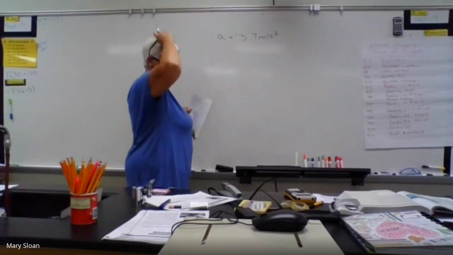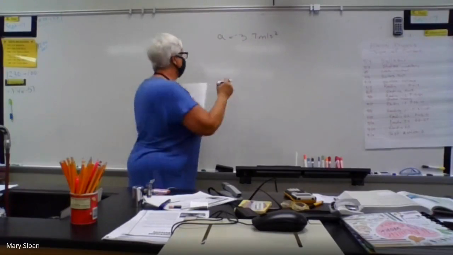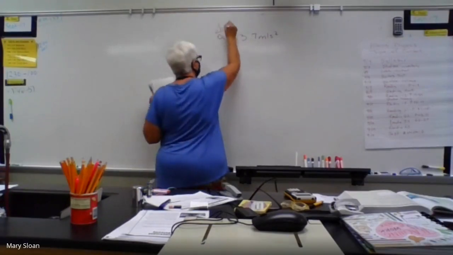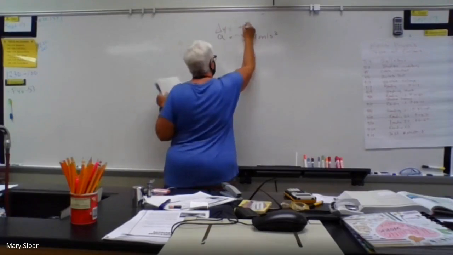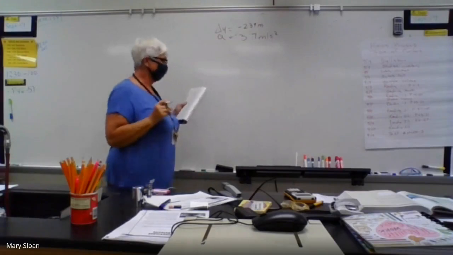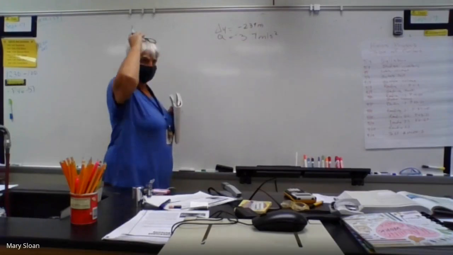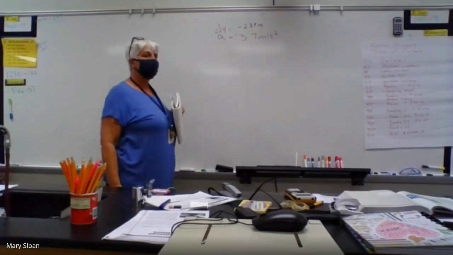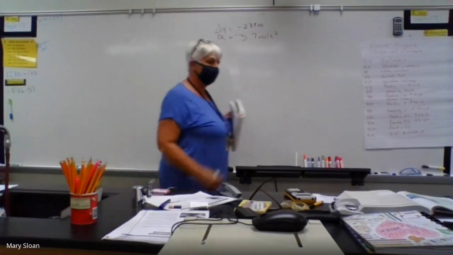That is 239 meters high. So that is my change in y, right? What else do we know? Do we have velocity initial or velocity final? We have velocity initial at 0.